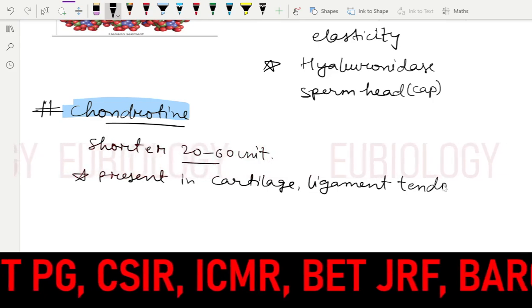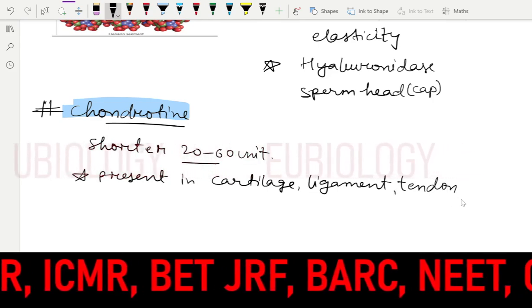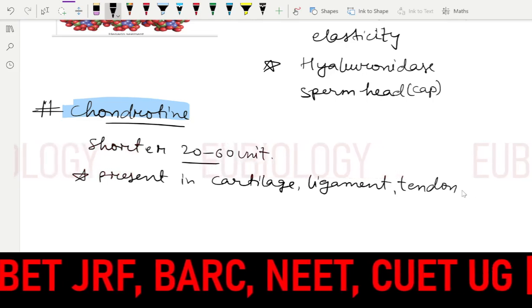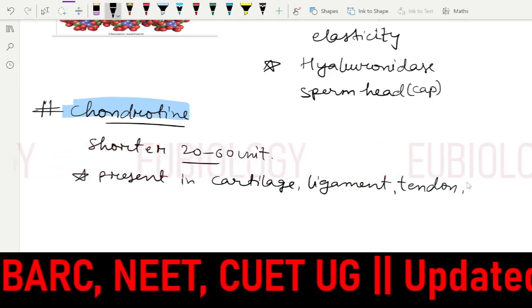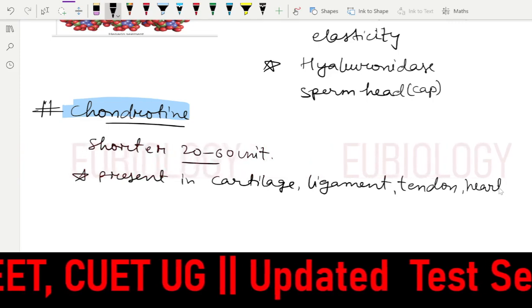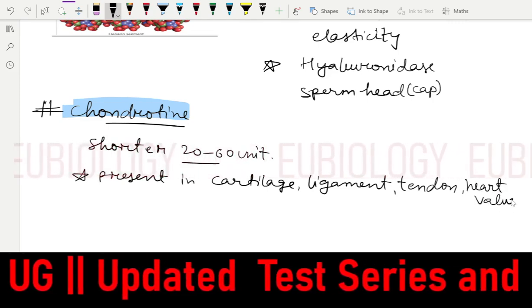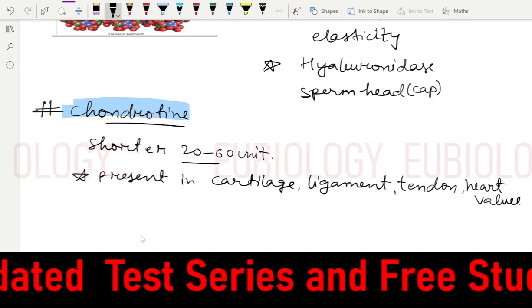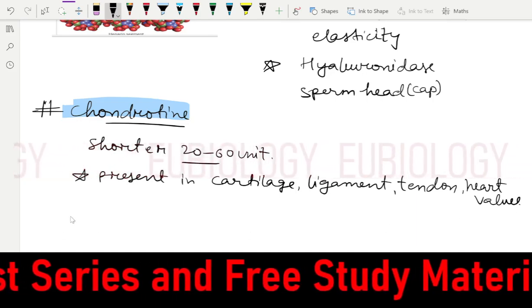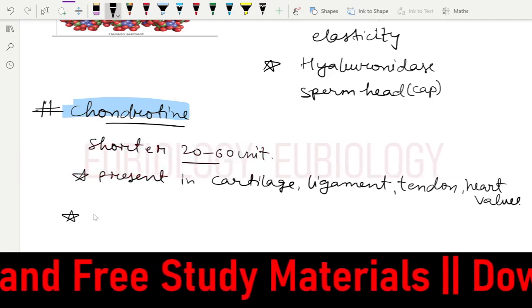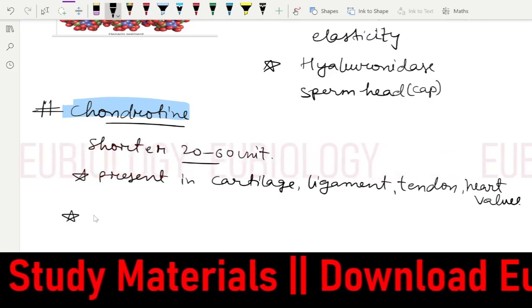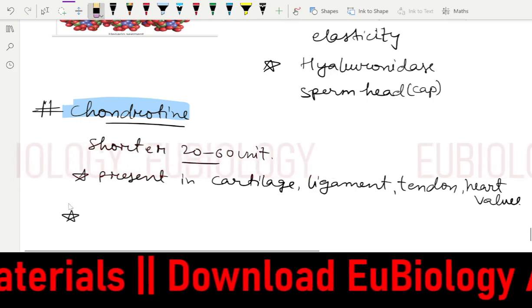So whatever function you are seeing in the tendon and ligament will be provided by the chondroitin, and the same function will be performed in the heart valves. Another is what? Dermatan sulfate. Okay. Now we are going to see dermatan sulfate.